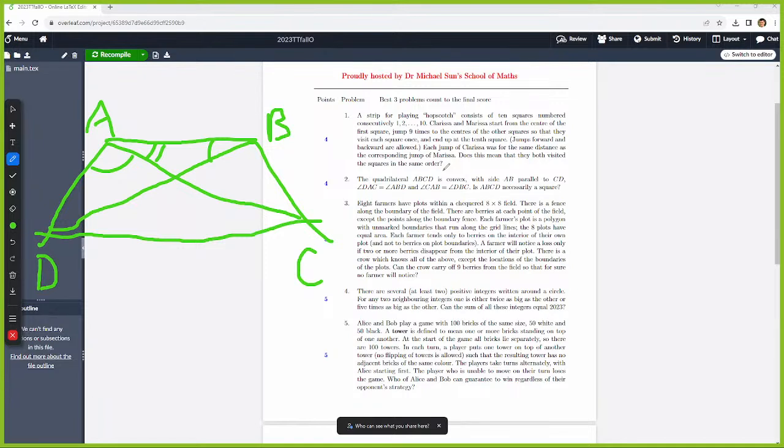CAB. DBC. So where's DBC? At the top right. Where? Like that bit? Yeah, there.